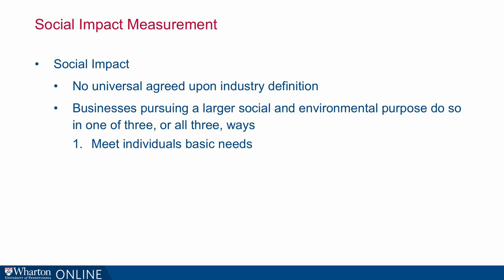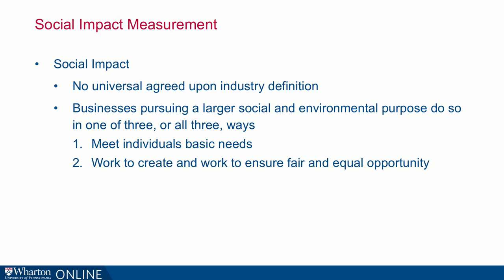They might be working on meeting individuals' basic needs for housing, for income. They could be working to create and ensure fair and equal opportunity. That's kind of a second outcome that's awfully important. And the third is that they could be working to overcome environmental challenges.